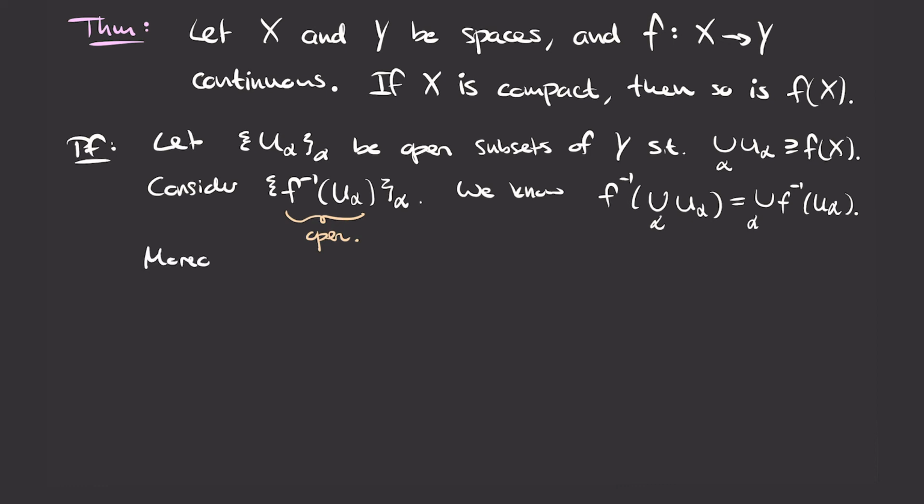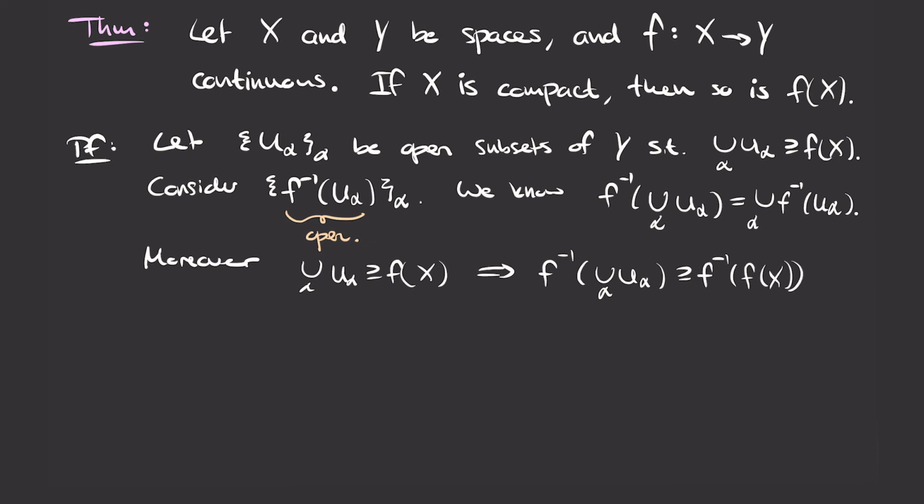Moreover, pre-images are also compatible with containment, which means that because the union of these U alphas contains the image f of x, this implies that the pre-image of the union of the U alphas will contain the pre-image of f of x.